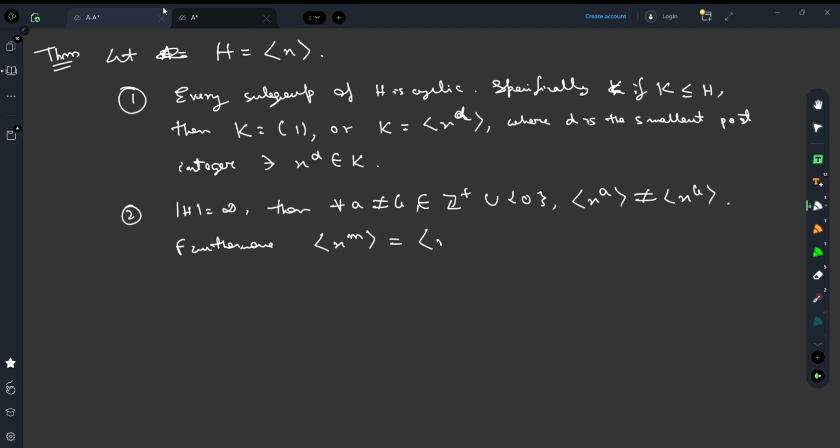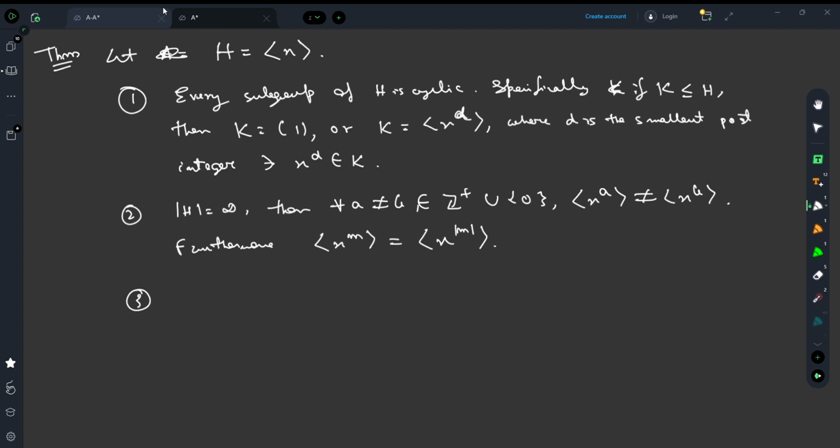Furthermore, the cyclic group generated by x to the power m indeed is equal to the cyclic group generated by x to the power mod of m. Clear?